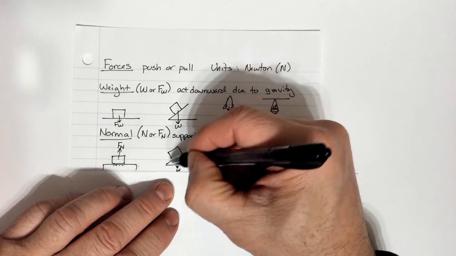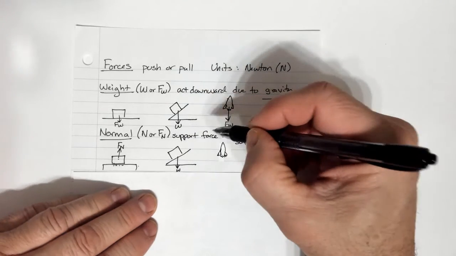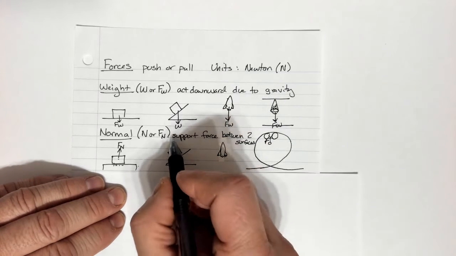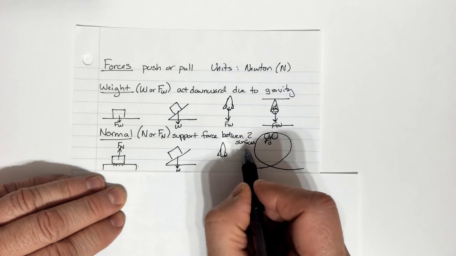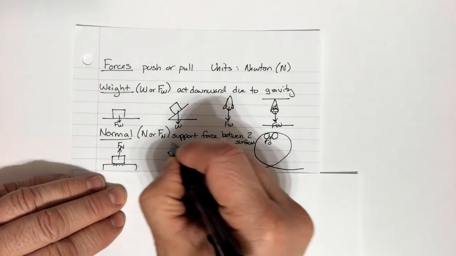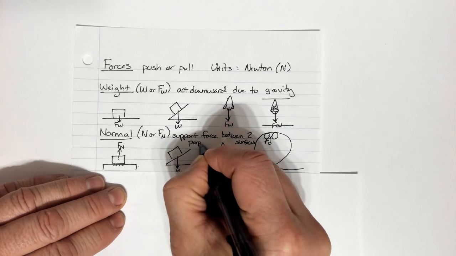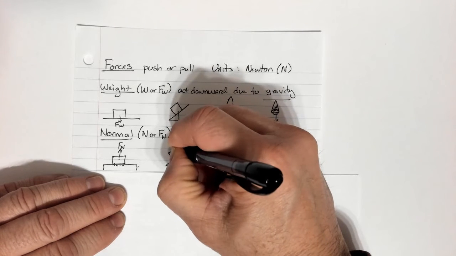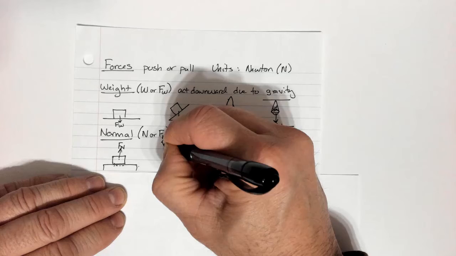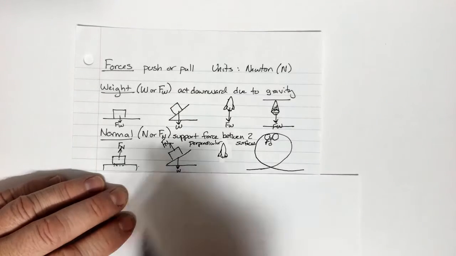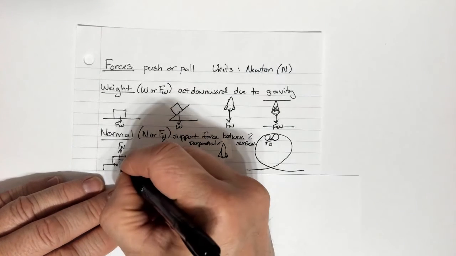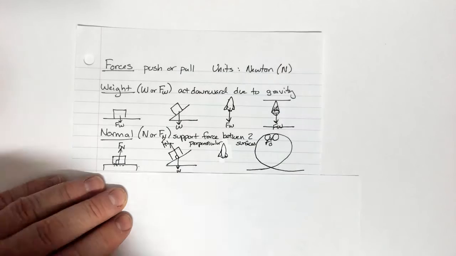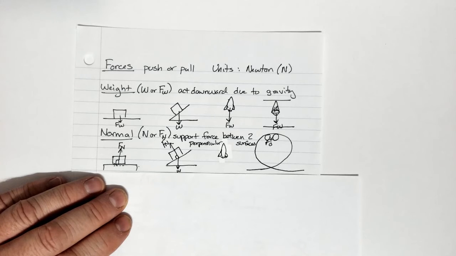Well, but there is a support force, and you need to know this support force must be perpendicular to the two surfaces. So I'm going to put the word perpendicular here. And so this force would be in this direction. Force normal. Okay? So it must be at 90 degrees to the two surfaces where they touch. So it must be at 90 degrees. That will be more important later on.